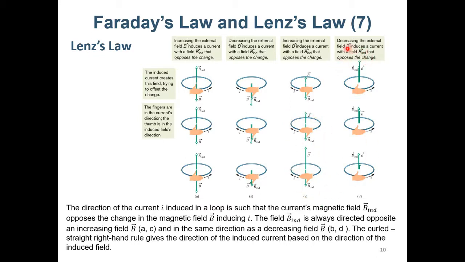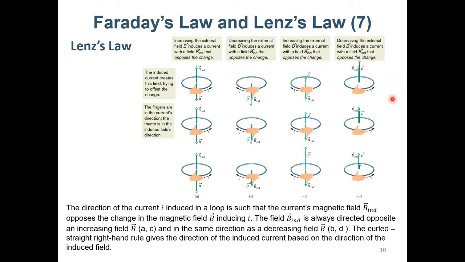So finally, the external field B is decreasing. The induced current will be going counterclockwise. So it doesn't really matter what is the direction of the external B field. It determines the derivative of the B field, or more precisely, the derivative of the magnetic flux through this loop.